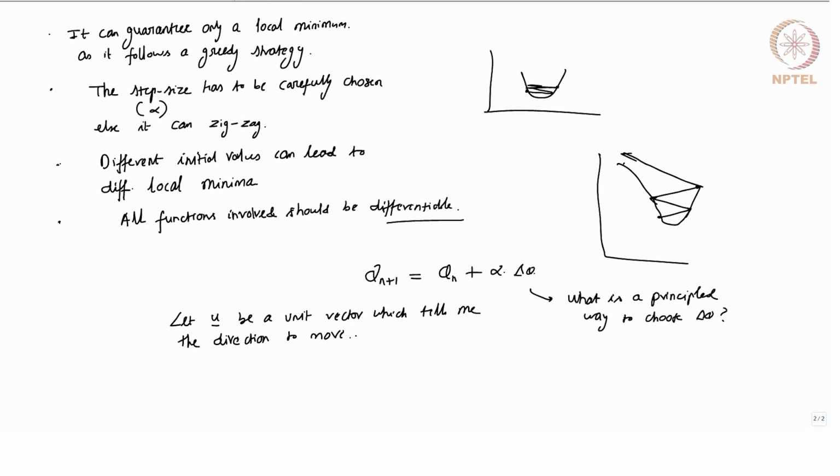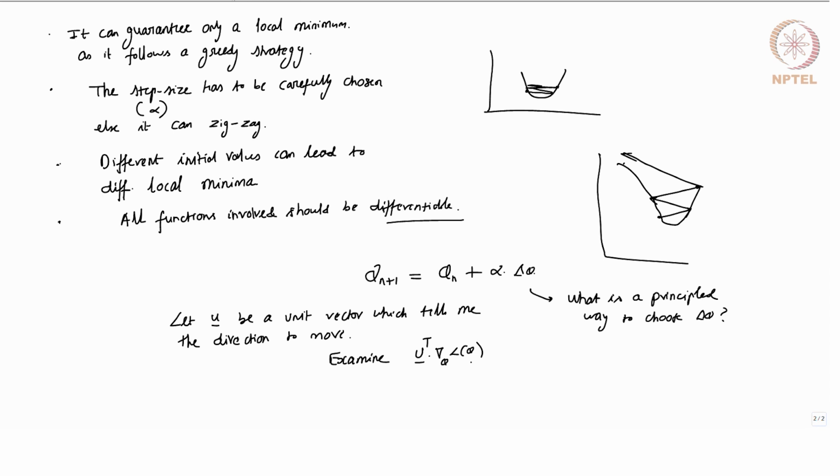So what you can do is examine u transpose the gradient of L theta. Now the gradient, I am going to write with this symbol. I think you are all familiar with it: the top triangle is delta, the inverted triangle is gradient. Gradient with respect to theta of L theta.